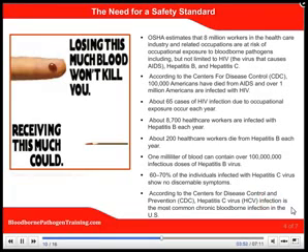The need for a safety standard. OSHA estimates that 8 million workers in the healthcare industry and related occupations are at risk of occupational exposure to blood-borne pathogens, including, but not limited to, HIV, the virus that causes AIDS, hepatitis B, and hepatitis C. According to the Centers for Disease Control, 100,000 Americans have died from AIDS, and over 1 million Americans are infected with HIV.